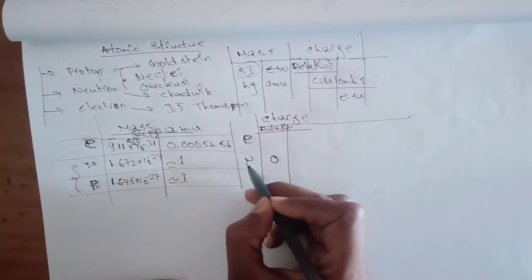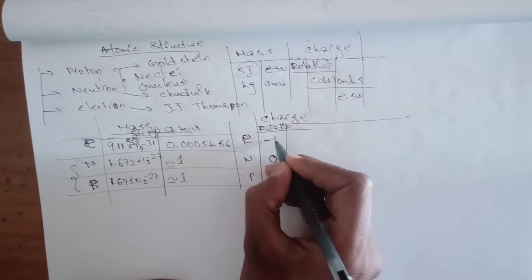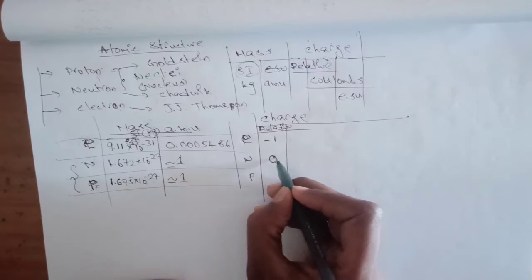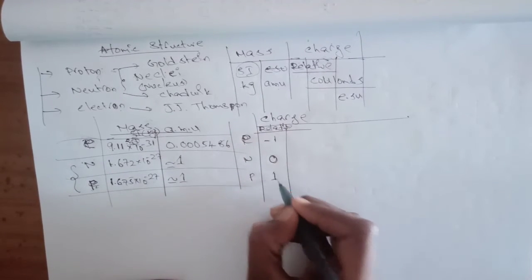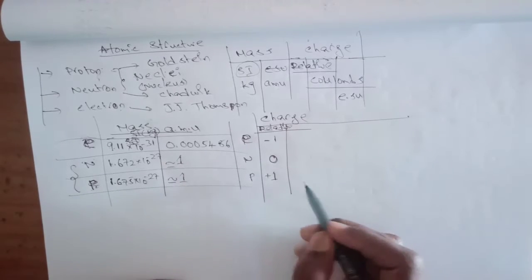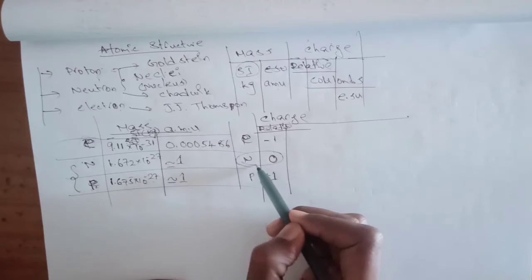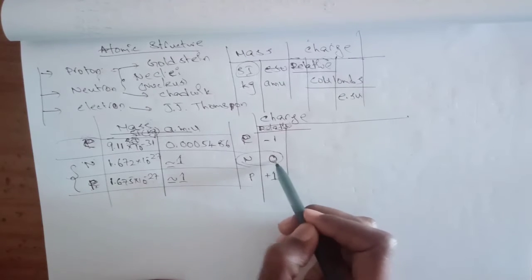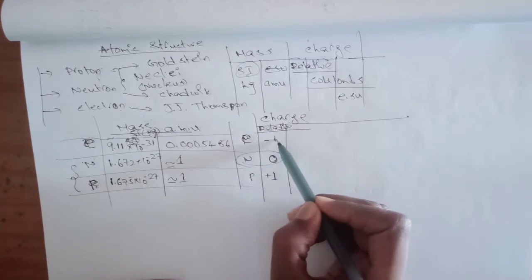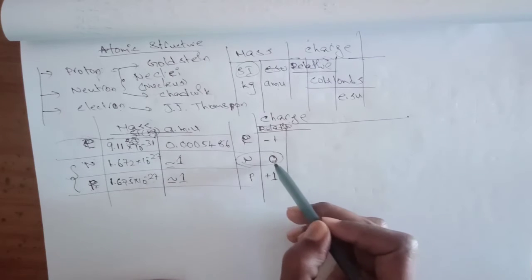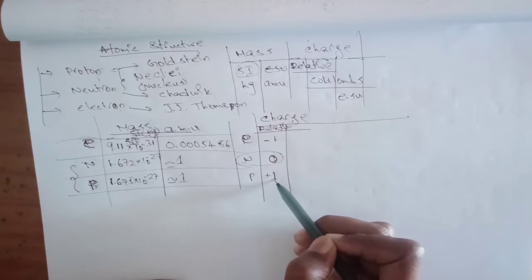With respect to the neutron, the electron has negative charge, and with respect to the neutron, the proton has positive charge. That we have to remember. The relative charge of the neutron is 0. With respect to the neutron, the electron relative charge is -1, and the proton charge is positive.